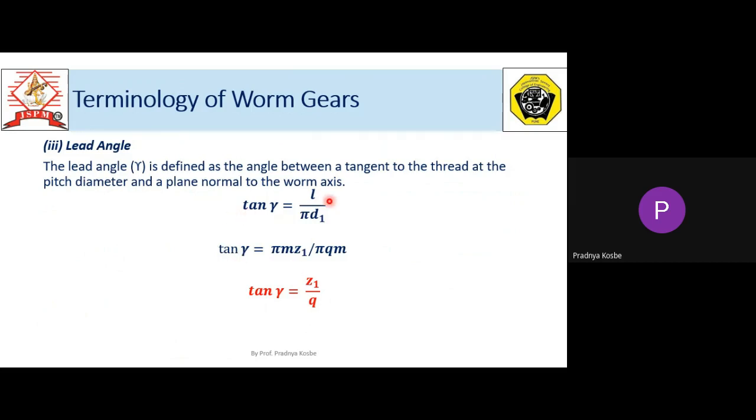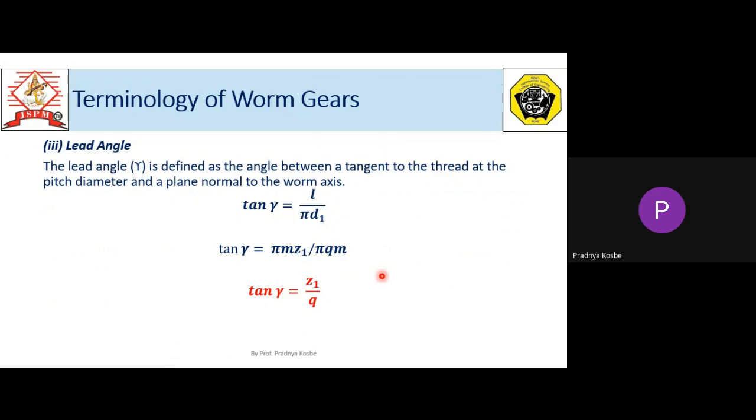But L is equal to what? Pi m z1, and d1 is equal to qm. Already we have assumed the diametral quotient, and according to that, q is equal to d1 by m.